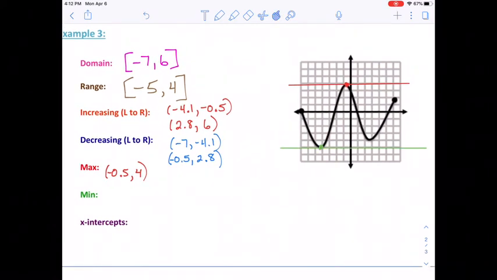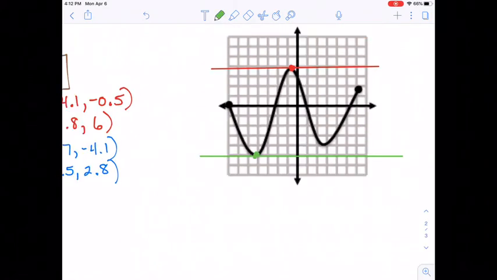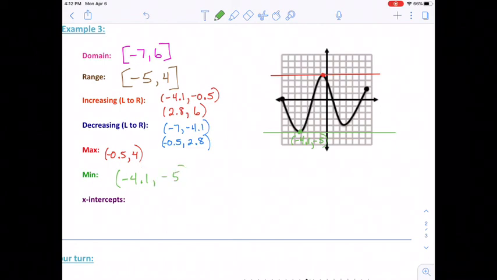The lowest point, the minimum, is right here. And the coordinates for that are negative 4.1, negative 5.